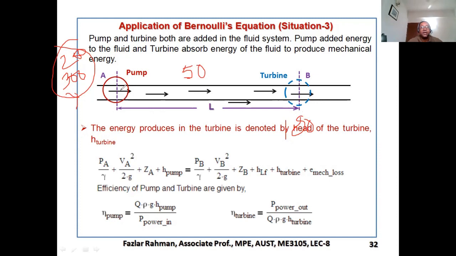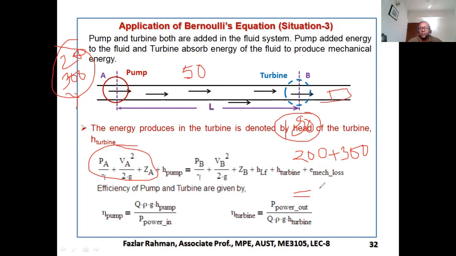So at point A, the energy fluid is coming with 200, that is this much energy, and the pump is adding 300, total 500. You are moving toward your home. So at the front of your gate, your friend takes 180, and how much will you have over here? That you need to figure out. Okay.